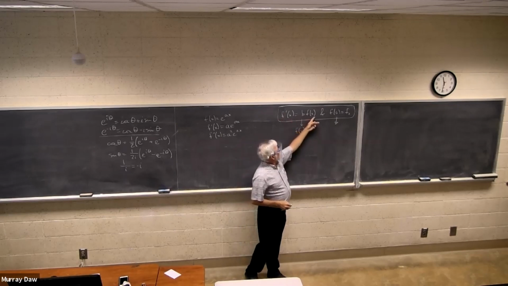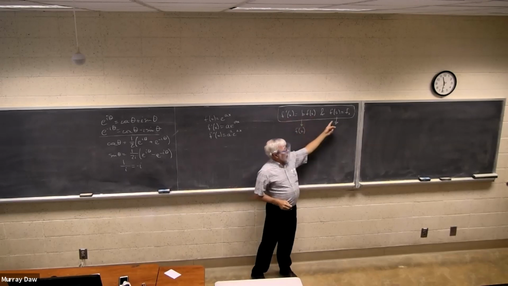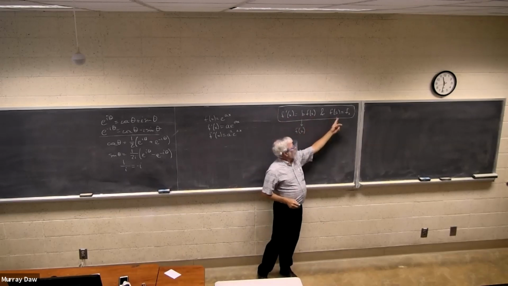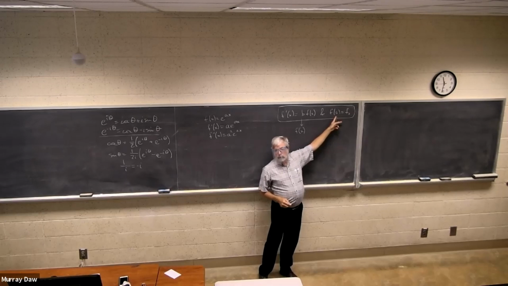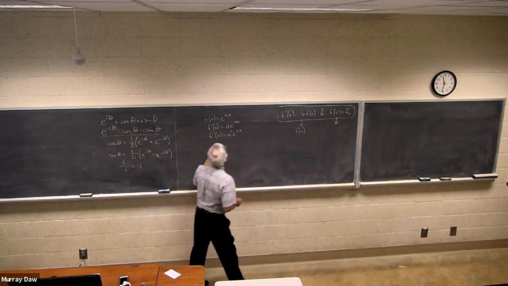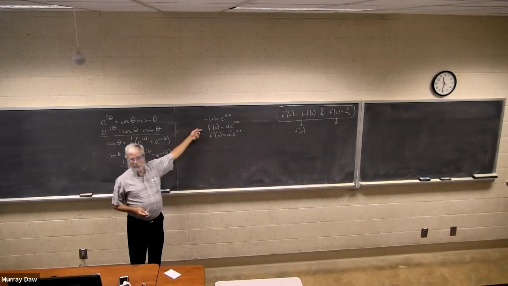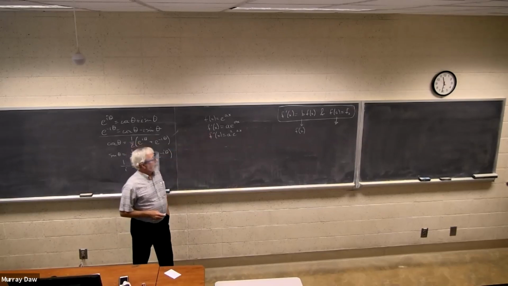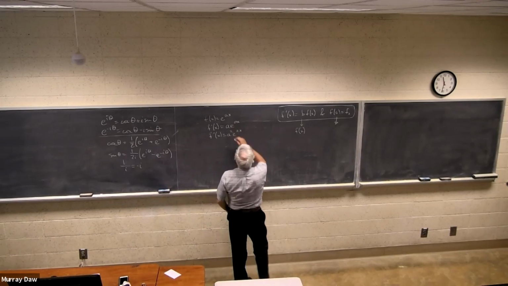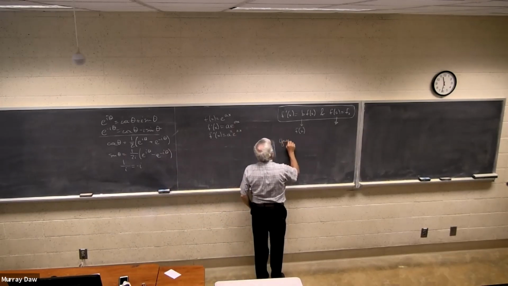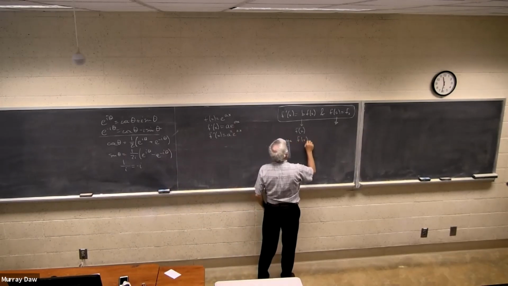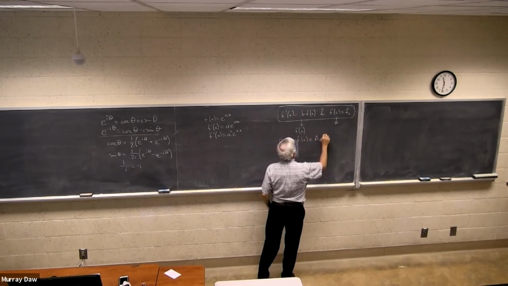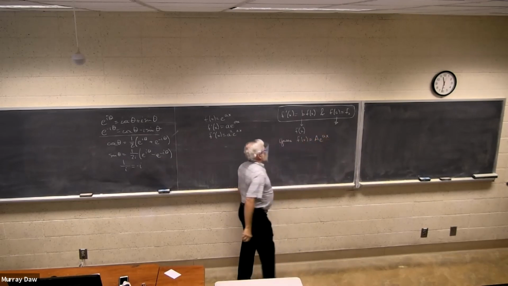Solutions of an equation like this can be specified by giving the value of the function, say at x equals 0. Okay, well, looking over here, it's easy enough to guess the solution to this really simple equation. We could guess something of this form.